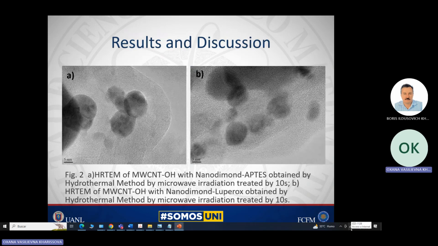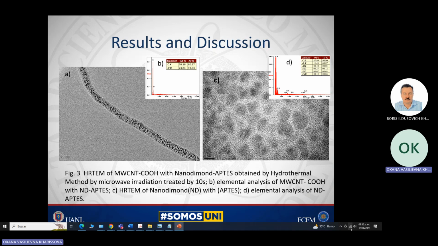In this slide, we can see multi-wall carbon nanotubes with hydroxyl group with nanodiamond, APTES and luperox. In this slide, we can see multi-wall carbon nanotubes with carboxyl group with nanodiamonds with APTES.